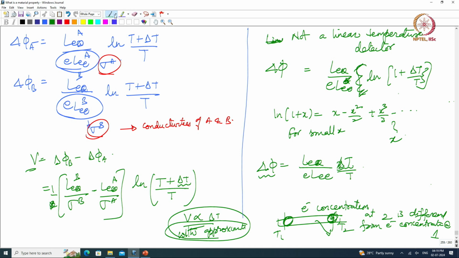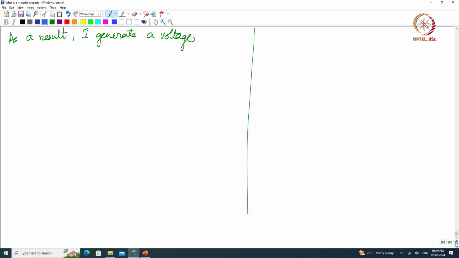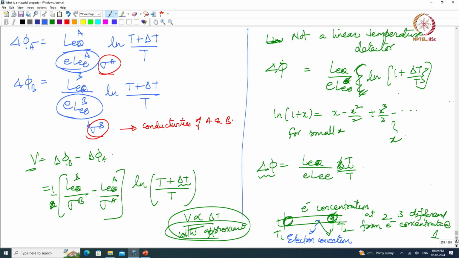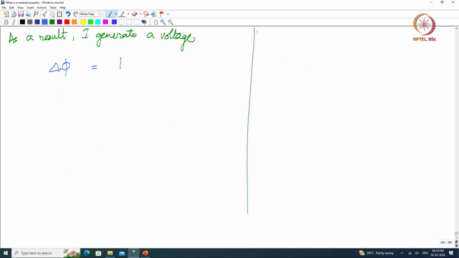I am just going to say here in a different color that there is going to be electron convection. So as a result I generate voltage. Now, what is the magnitude of this voltage? Delta phi equal to L_EQ by L_EE delta T by T, and so one can actually say delta phi by delta T is equal to L_EQ by L_EE.